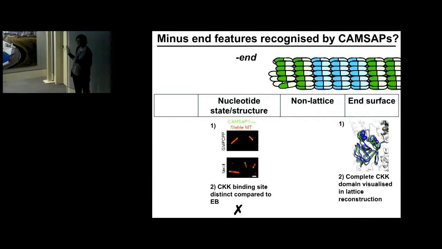That's slightly less compelling in terms of evidence, but we were satisfied that we could probably eliminate that as a mechanism. So that left us with something non-lattice-like about microtubule minus ends in particular, compared to the lattice and also compared to the microtubule plus ends.